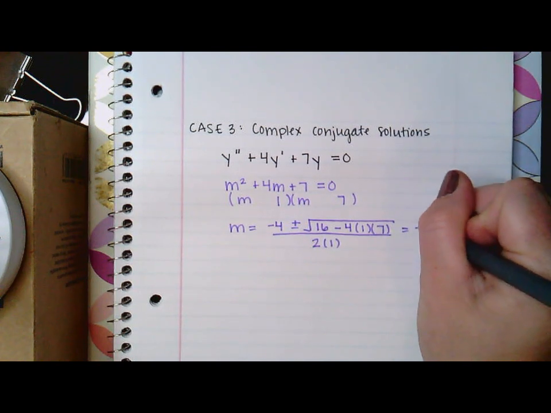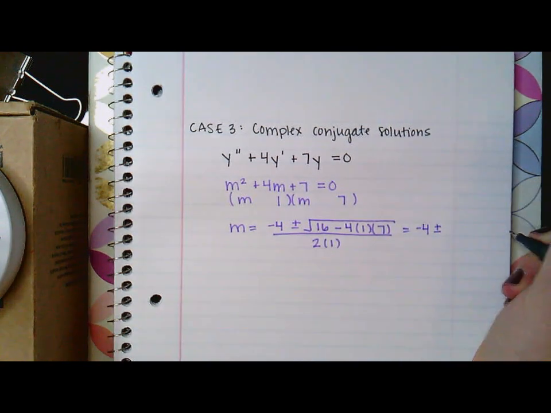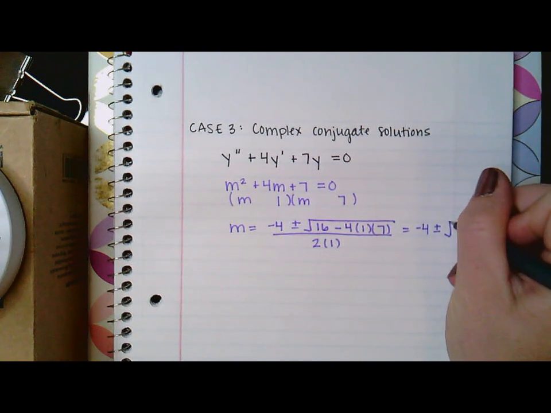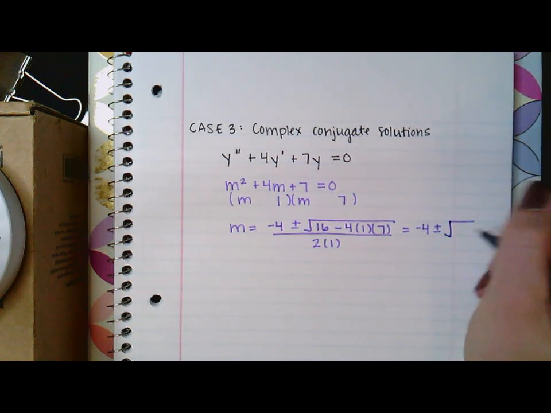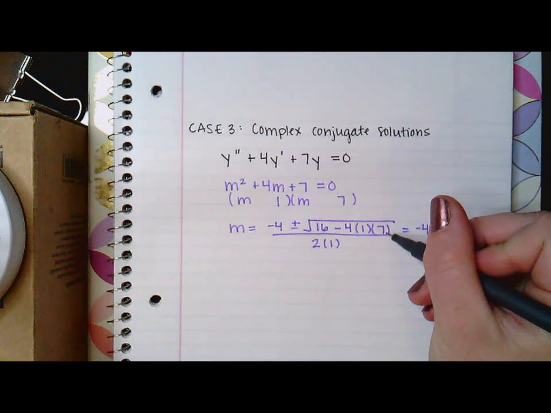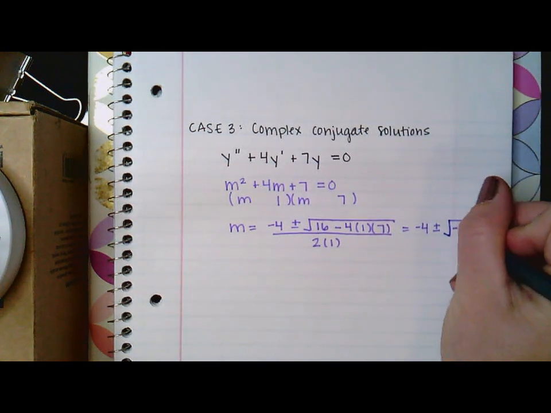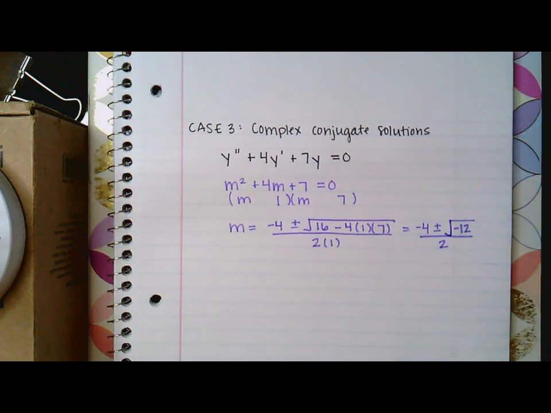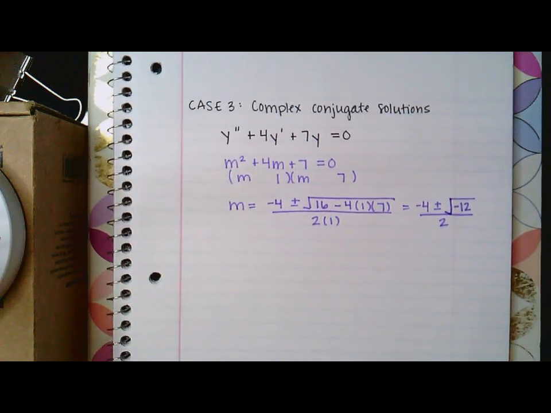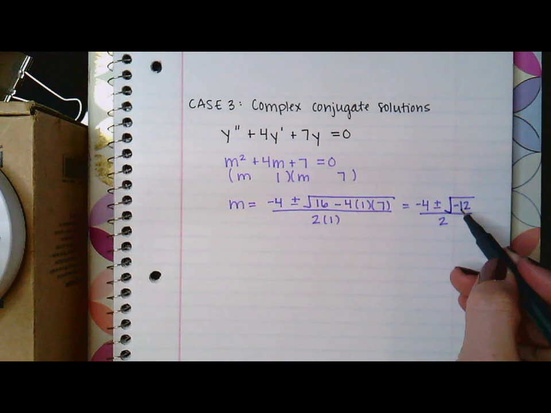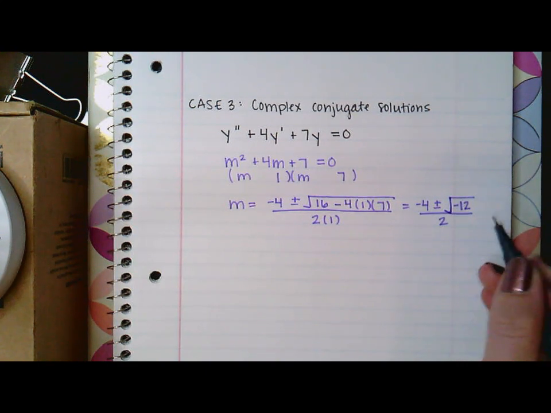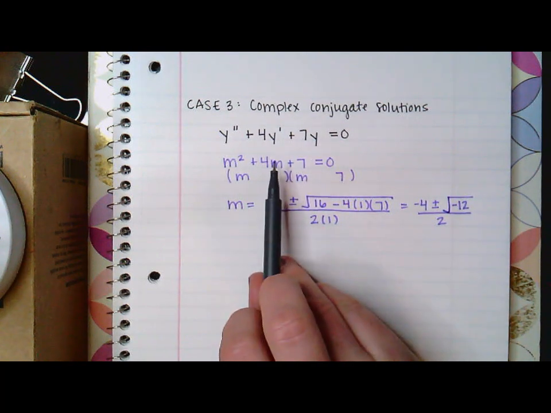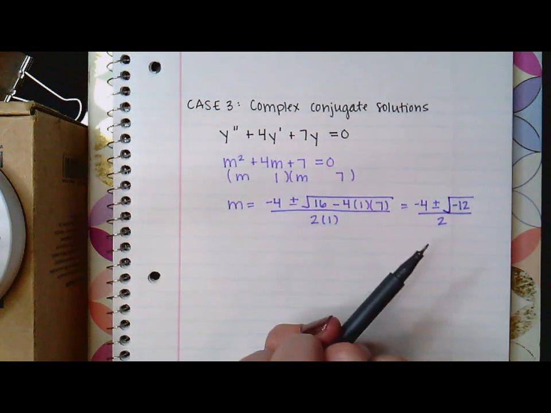When I do that, I get negative 4 plus or minus the square root of 16 minus 28 would give me negative 12 inside, all over 2. That negative 12 inside my radical means that I'm going to have an imaginary or complex solution to this quadratic.